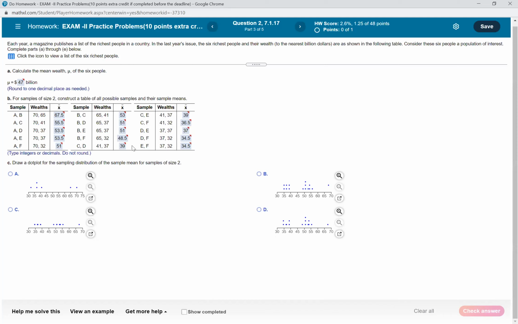And at 39, we also have 2 numbers, 36.5, 34.5, we have 2. Okay, and look at this one, we have this number. So the difference is very close, and this is 3.